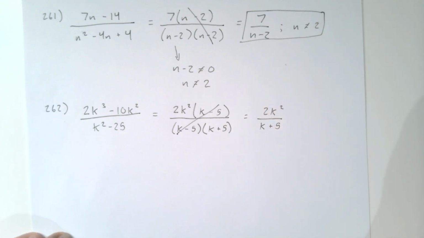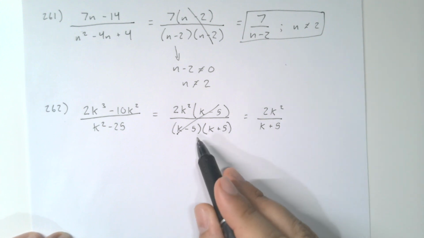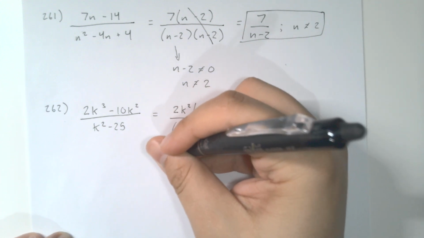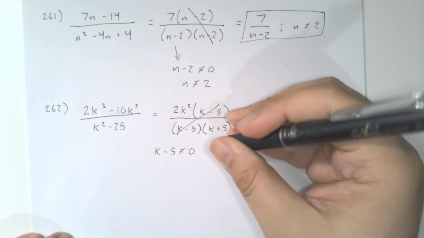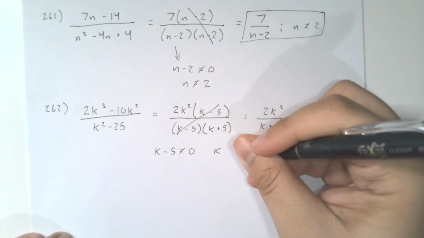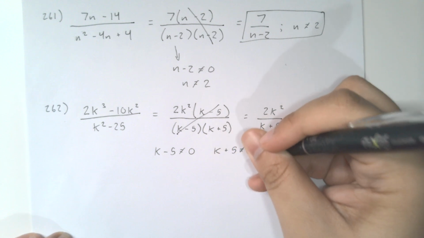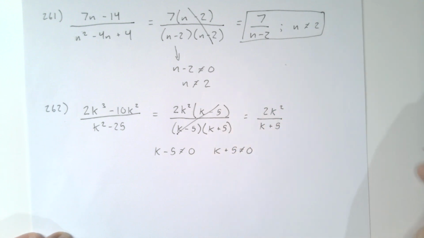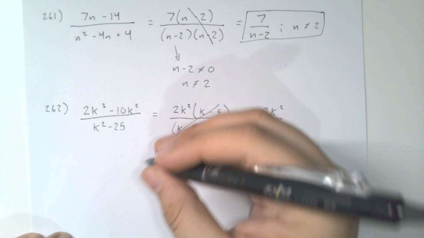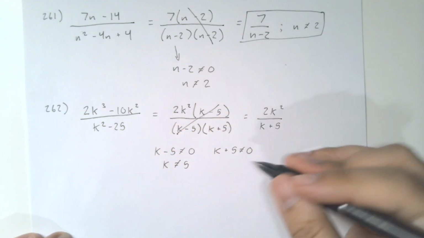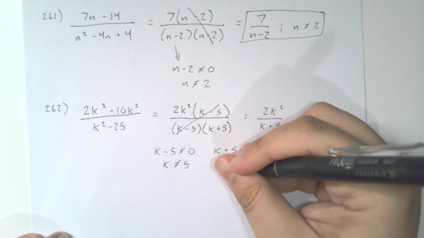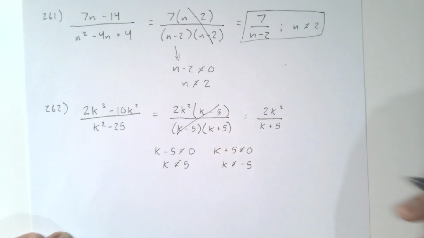And now we just have to find our excluded values. Well, from here, we have that k minus 5 can't be equal to 0, and we have that k plus 5 can't be equal to 0. So, adding 5 to both sides, k can't be equal to 5. And subtracting 5 from both sides, we have that k can't be equal to negative 5.